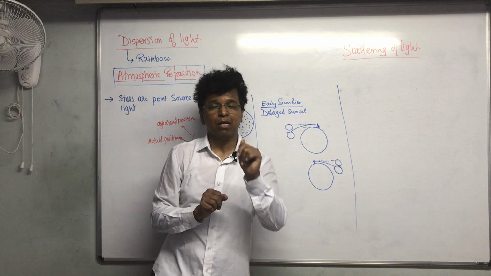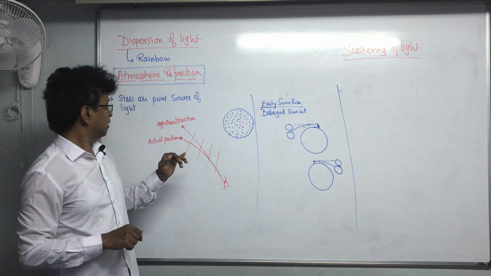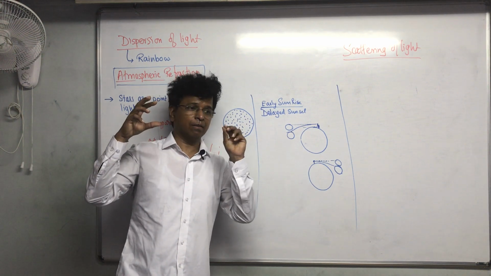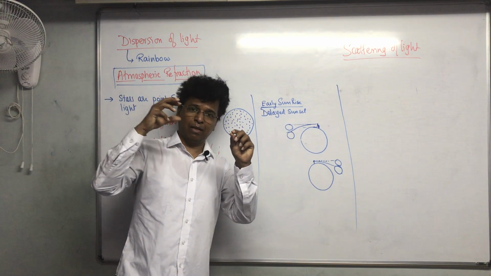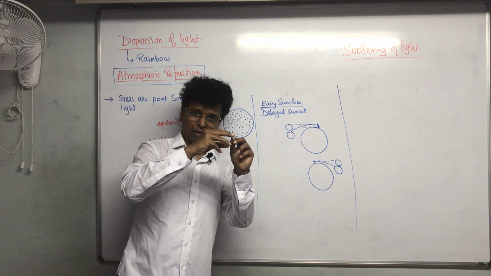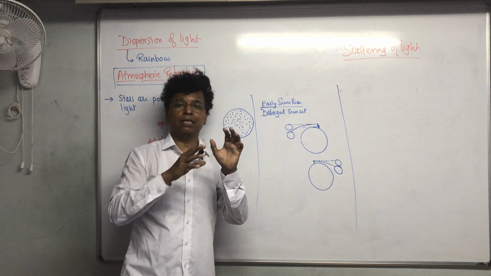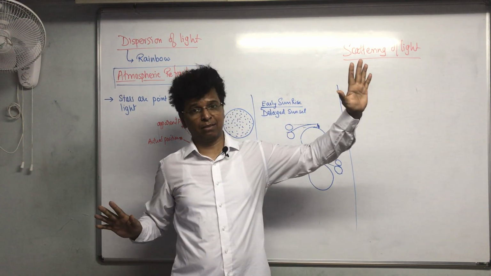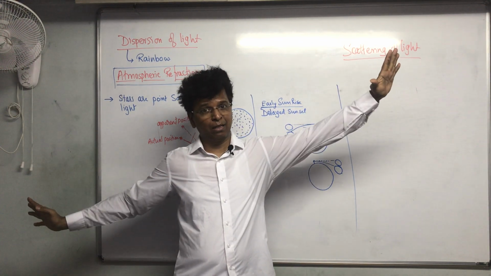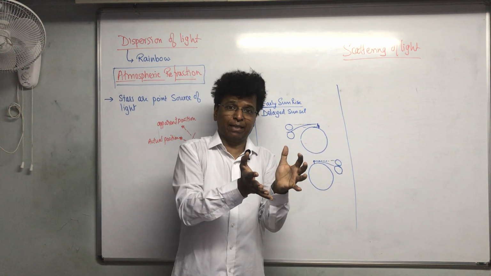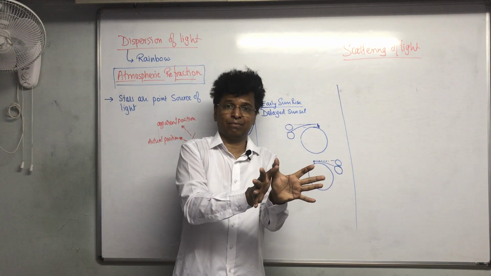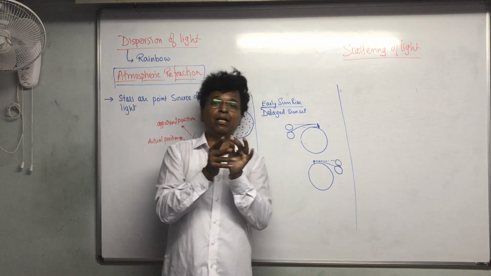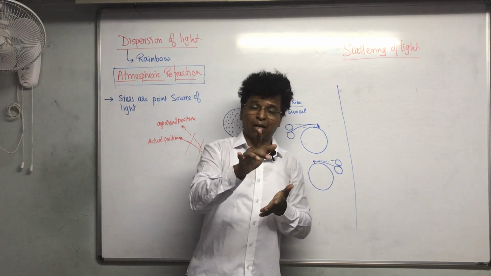So what happens basically when light falls on a particle, at that time it is possible that blue light will be scattered away. So what stays over there is the red light. Red light stays over there.